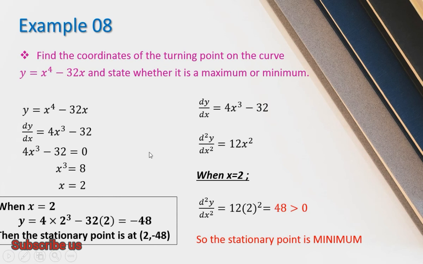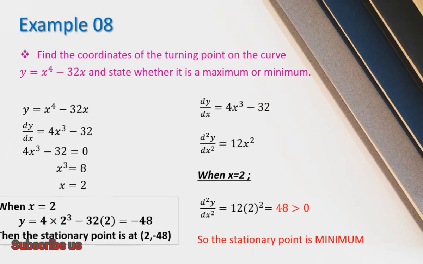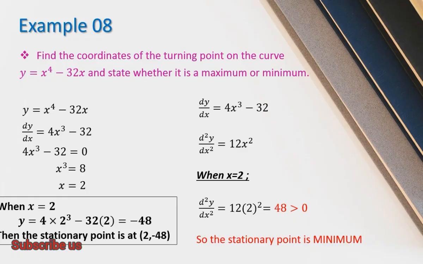And when x equals 2, y equals 4 times 2 cubed minus 32 multiplied by 2, and the y value is minus 48. Then the stationary point is at (2, minus 48).